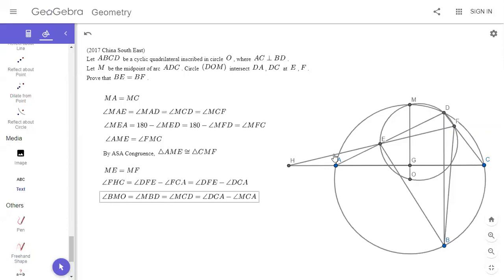Interesting. So DFE is 180 minus DME, and DME is equal to CMA.